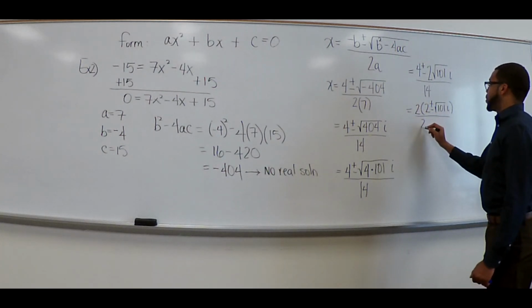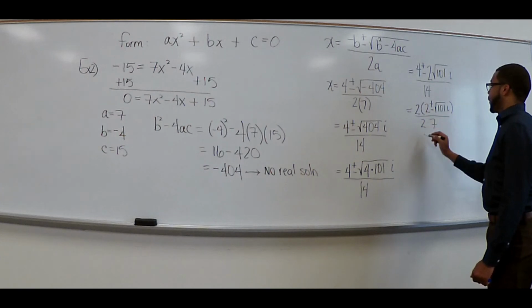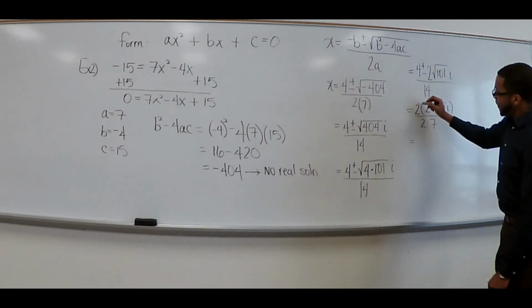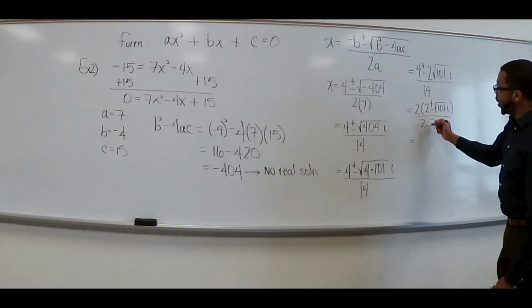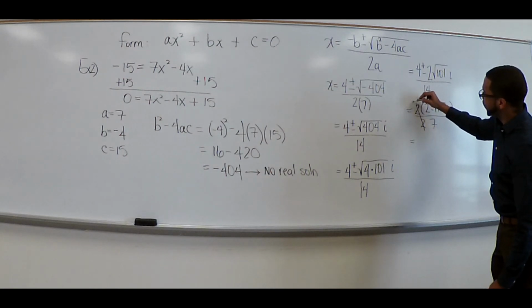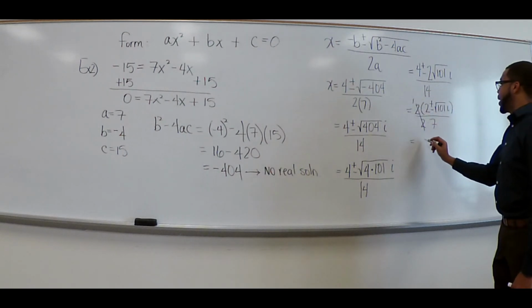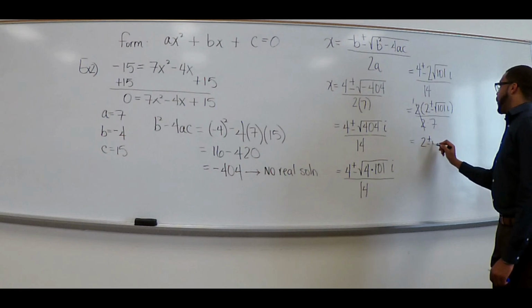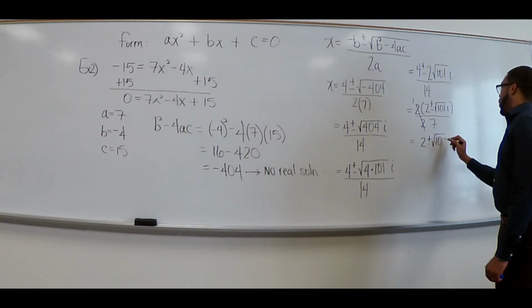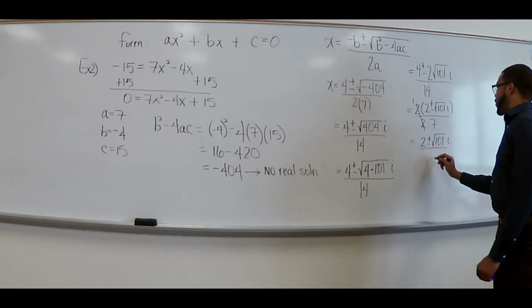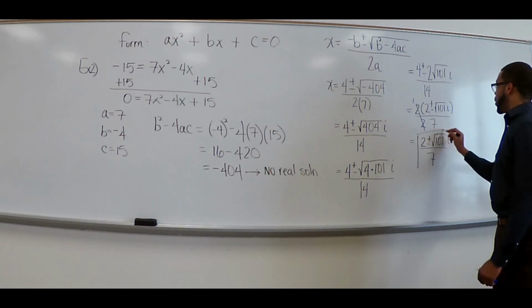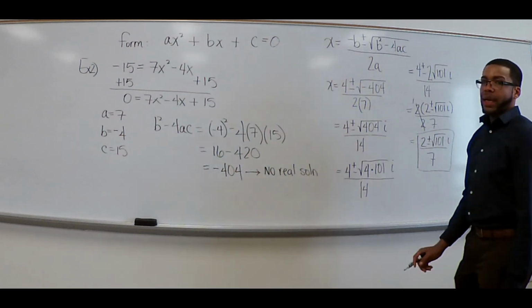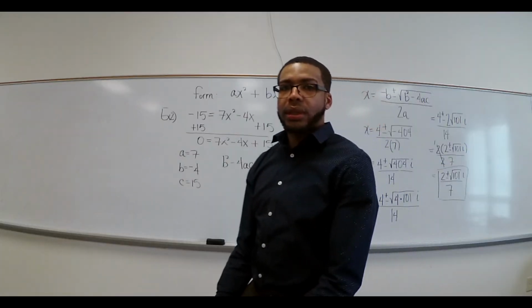Factor out 2. 2 times 7 equals 14. Boom, boom. 2 over 2 is 1. This goes to a value of 1. 1 times anything is that anything. Right there, you have 2 complex or imaginary solutions.